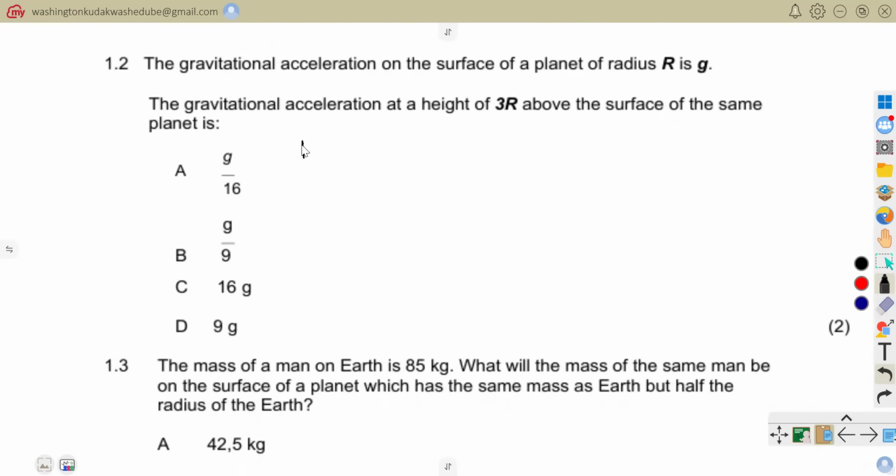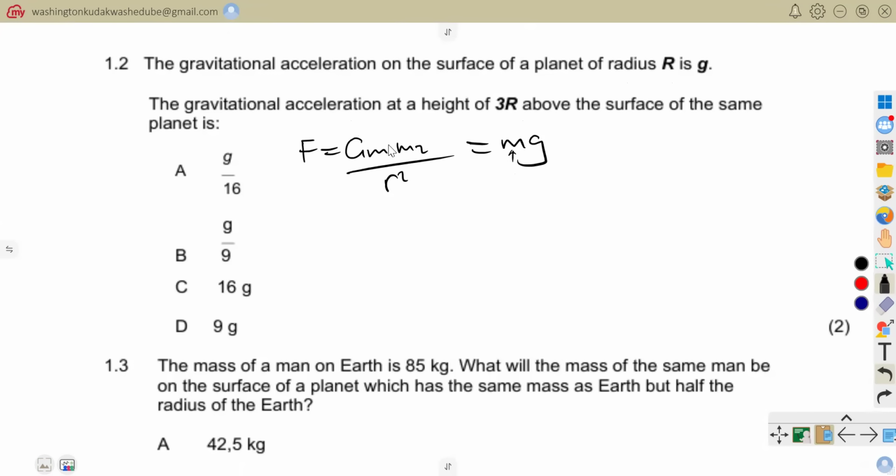So initially, we know that the force due to gravity can be given by G m1 m2 over r squared, which is the same as the weight, given that we know the mass of the planet as well as the gravitational acceleration. Now, we are told that the gravitational acceleration on the surface of a planet of radius r is g.